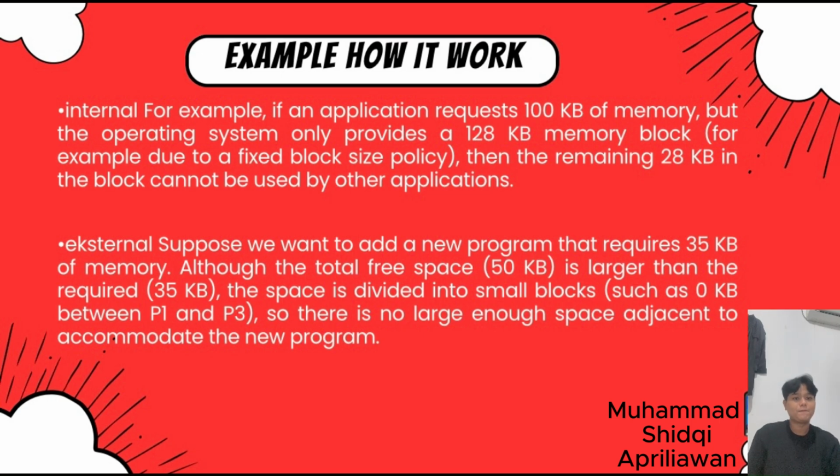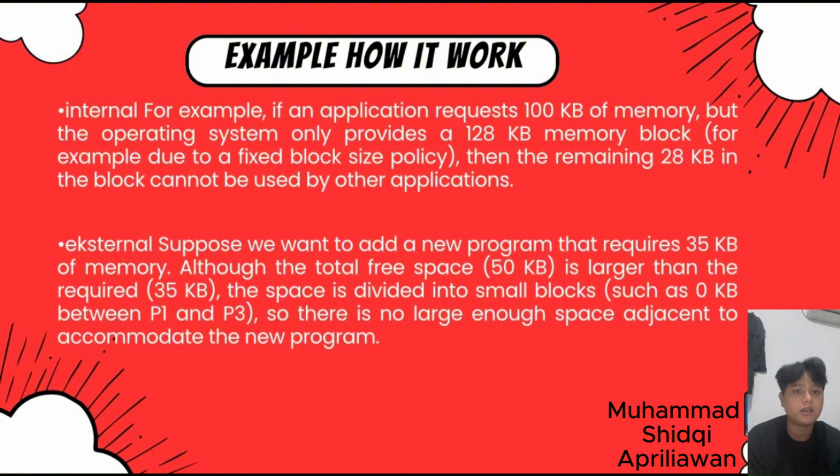For example, if an application requests 100 KB of memory, but the operating system only provides a 128 KB memory block, for example due to a fixed block size policy, then the remaining 28 KB in the block cannot be used by other applications, because this activity does not use memory efficiently.